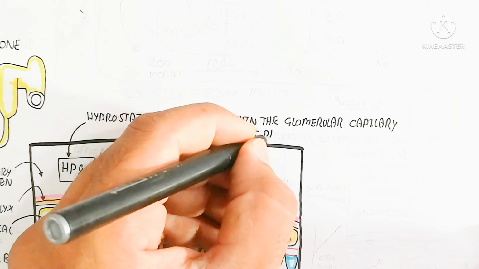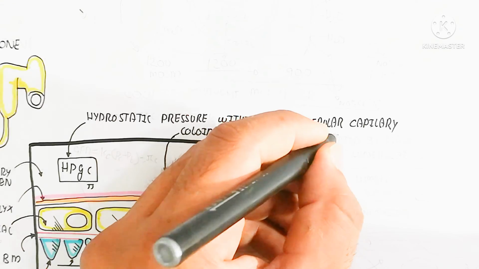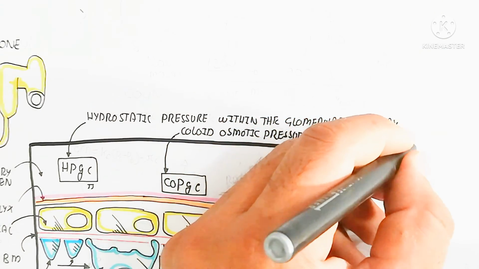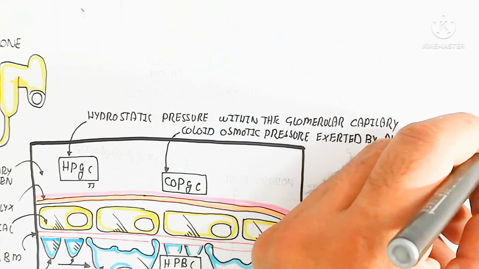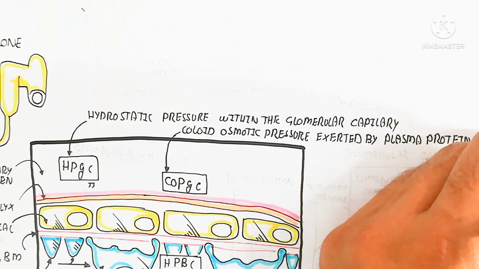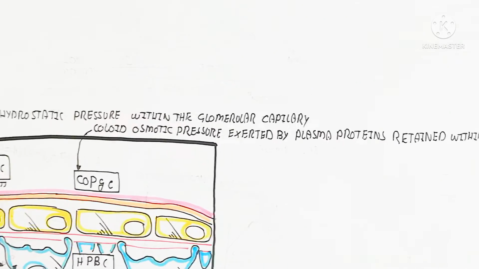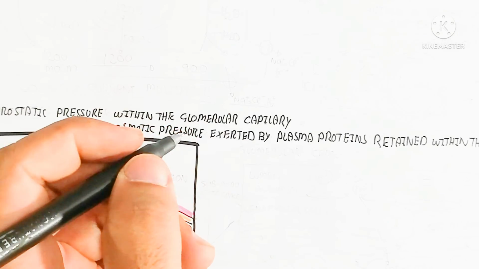And this is the colloid osmotic pressure exerted by plasma protein retained within the glomerular capillary. The plasma protein is responsible for the creation of this pressure.